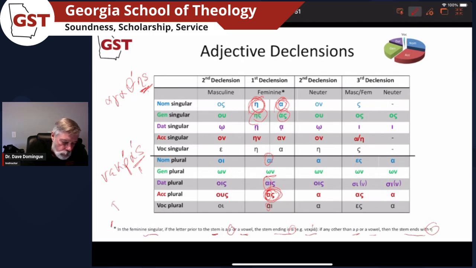So a rho or a vowel is going to have the alpha right there. So yes, omicron sigma can be genitive singular or accusative plural. So the answer to the question, can nekros be genitive singular? Yes, it can be. That's all that's trying to bring out, to highlight that.